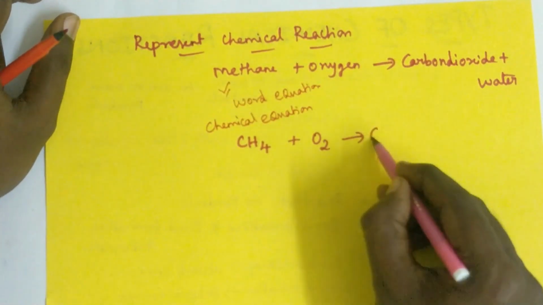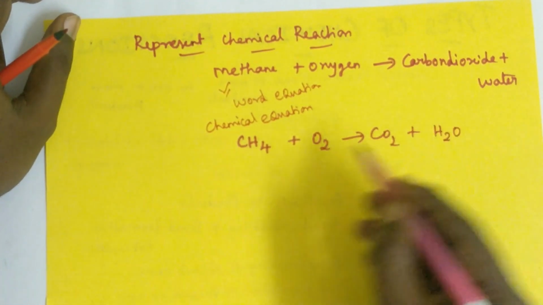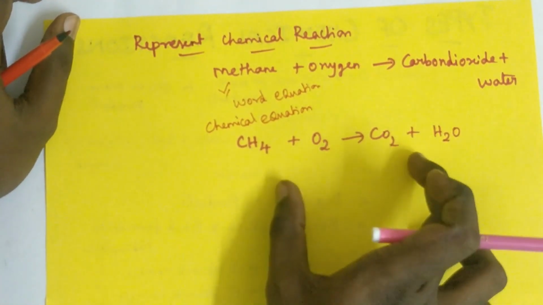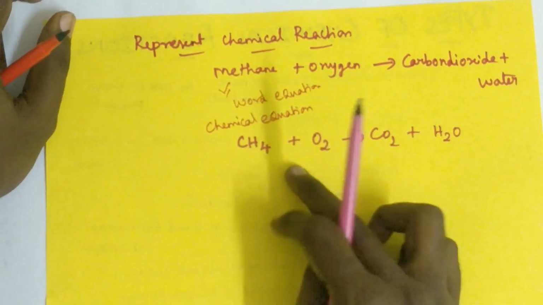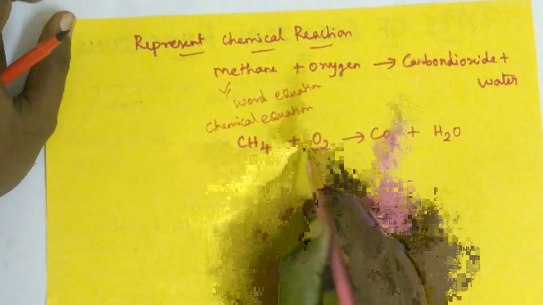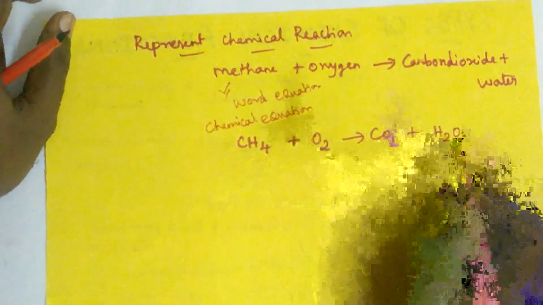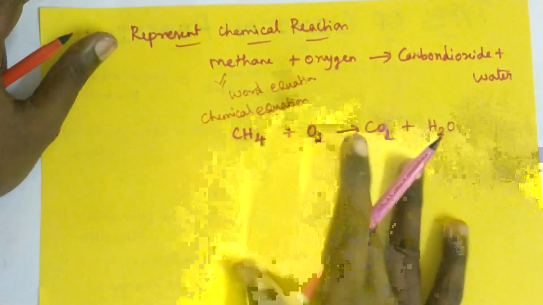Combined to form carbon dioxide CO2 plus H2O. So this is a chemical equation, but it is an incomplete equation. Why is this equation incomplete? It is not balanced. You see, left hand side number of oxygen is 2, but here it is 3. Left hand side number of hydrogen is 4, here it is 2. So we have to balance this equation.